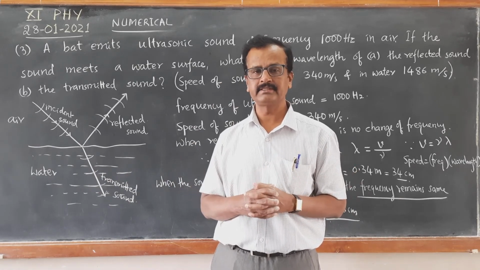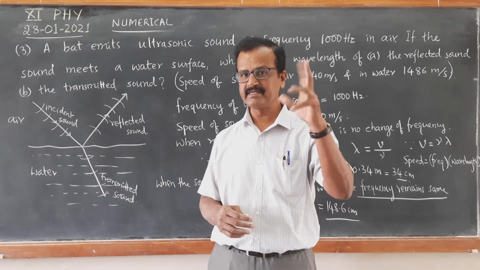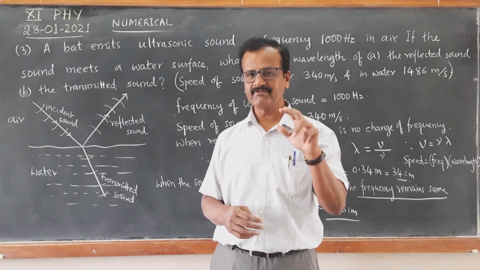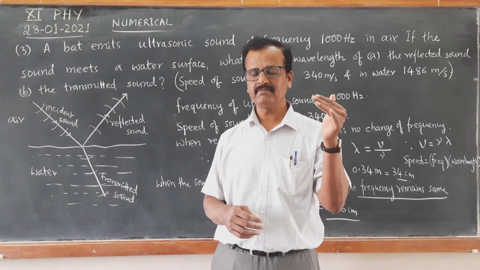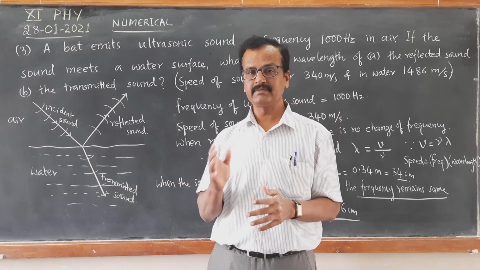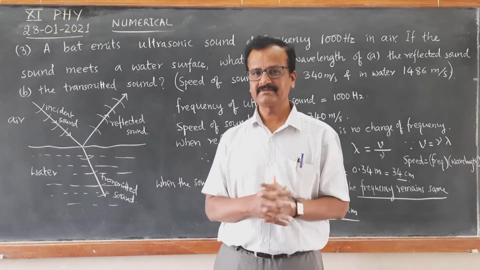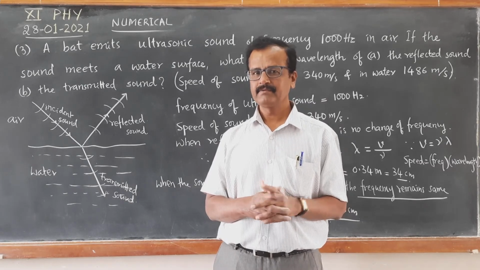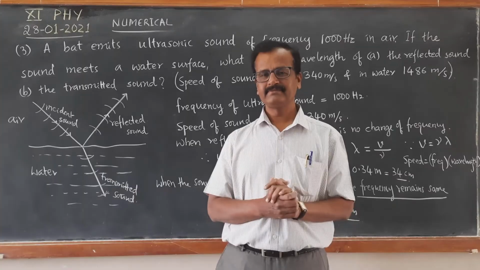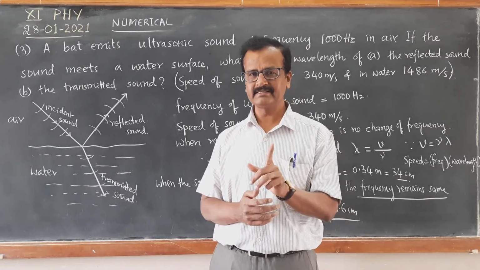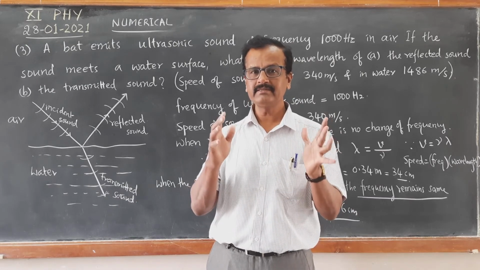This is what we have learnt. But in case of light, remember it is reverse. The speed of light, when it enters from rarer into denser medium, decreases. That is the reverse. Okay? Frequency remains same. Speed of light decreases because wavelength decreases.